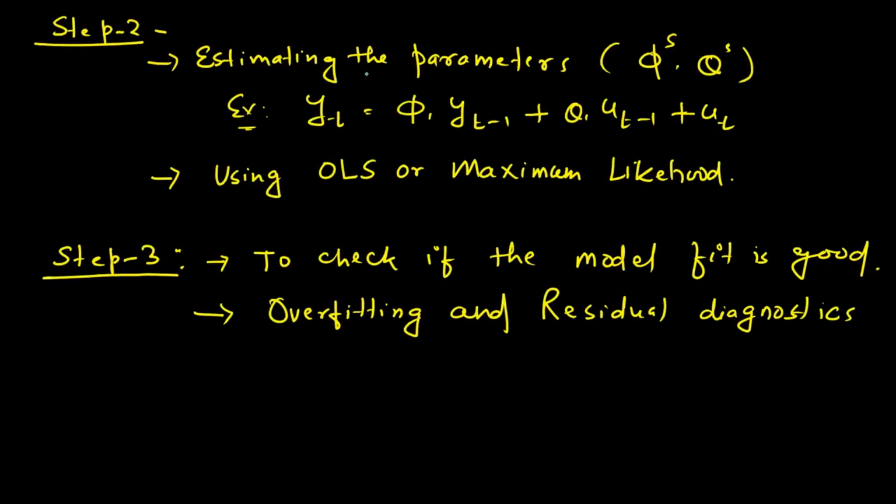In the second step, you do the estimation. Now that it is clear how many lags are to be used for Y_t and for the residual term U_t, you have to find the parameters. Let's say the example Y_t = phi_1 Y_(t-1) + theta_1 U_(t-1) + U_t.